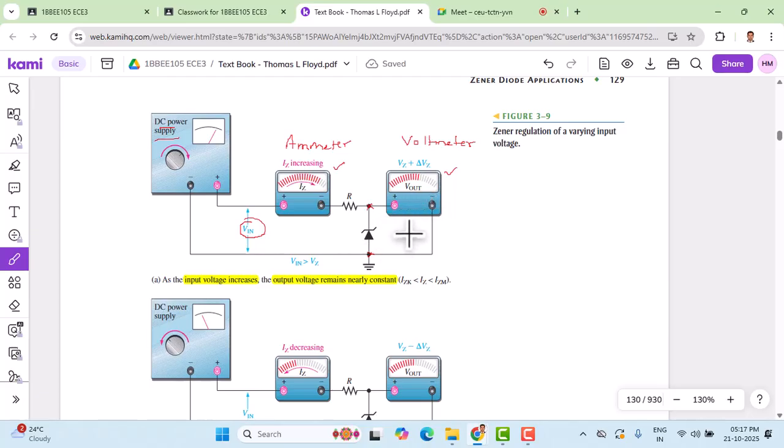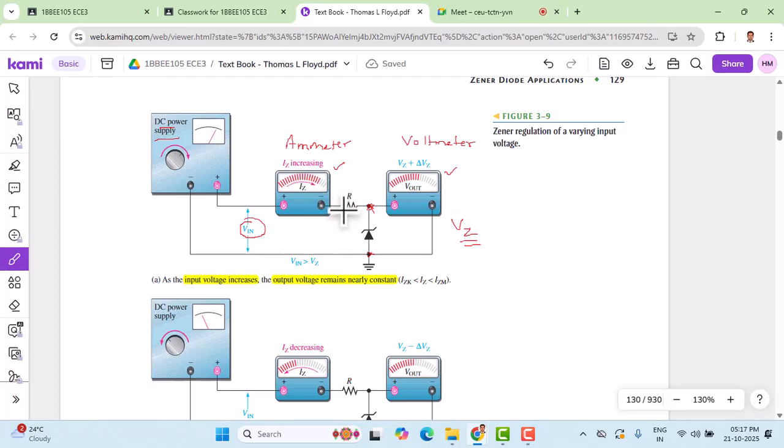Zener diodes, as we already mentioned in the last class, are commercially available with typical breakdown voltages, which we normally indicate as VZ, the Zener voltage or breakdown voltage. Across its terminals, it tries to maintain VZ, provided the current through it doesn't cross the limit.